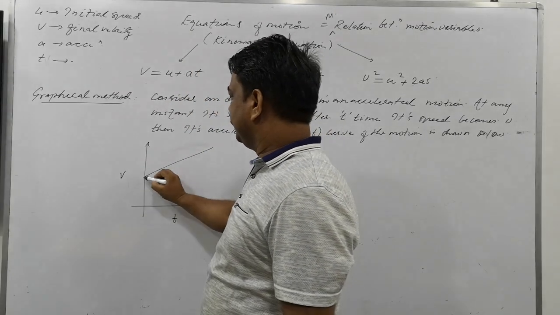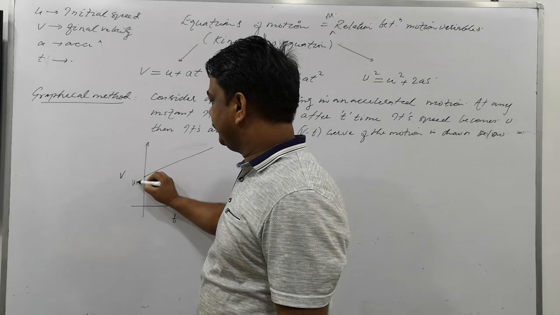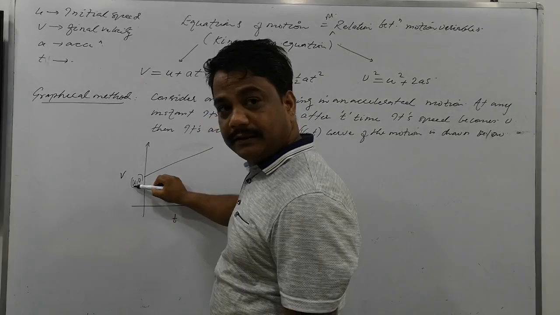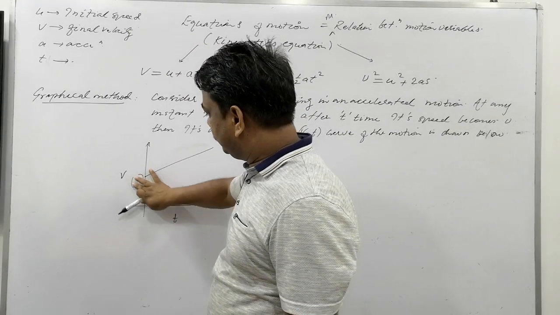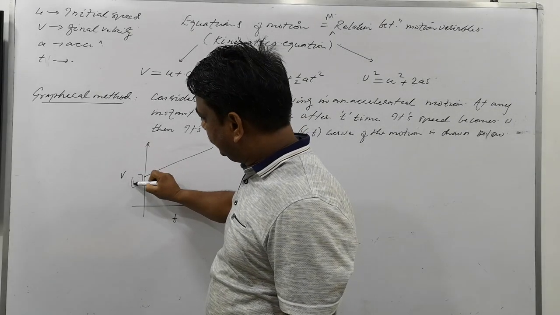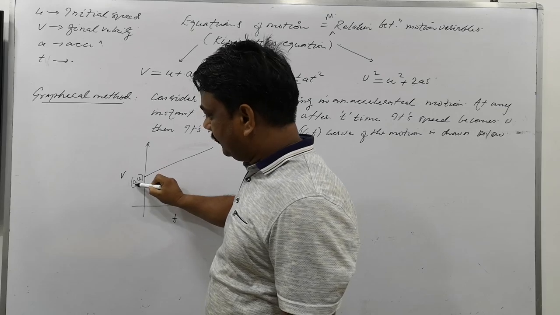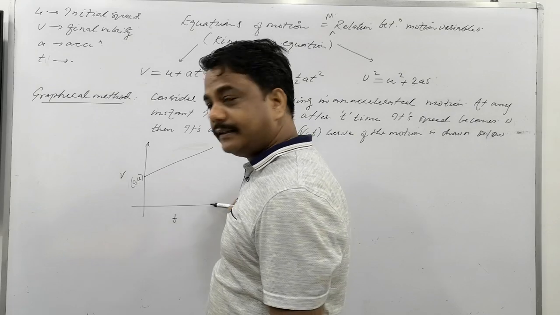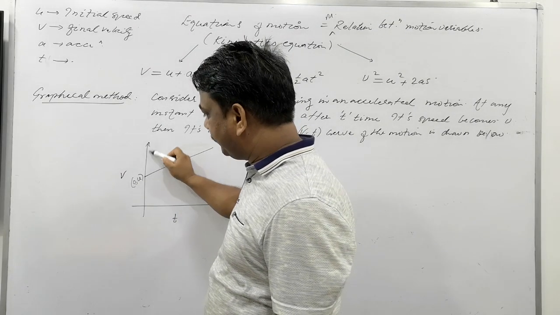Look please, at time zero its initial speed is u. The first coordinate is along the x axis, this is horizontal, and the second given information is about y.